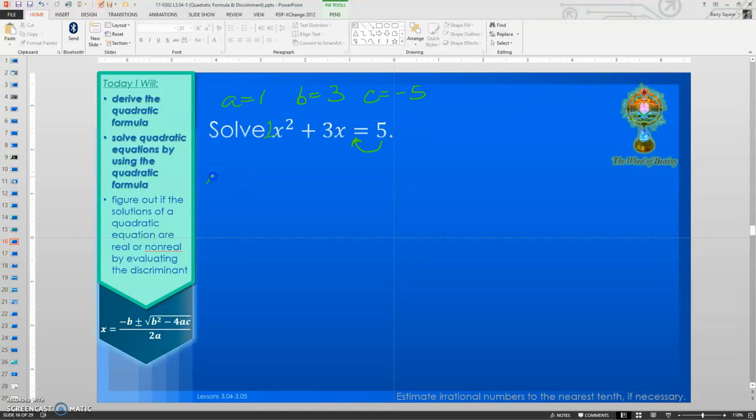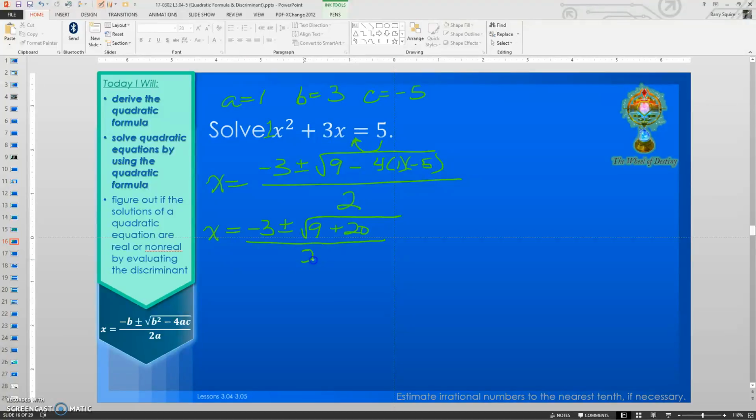So now we have x equals negative b plus or minus the square root of b squared minus 4ac all over 2a. Okay, now we start to simplify. Start under the radical. Let's see, 9. Negative 4 times negative 5 is 20.